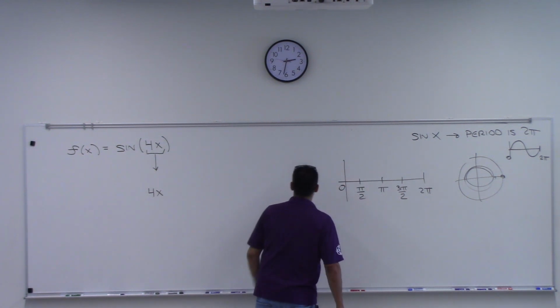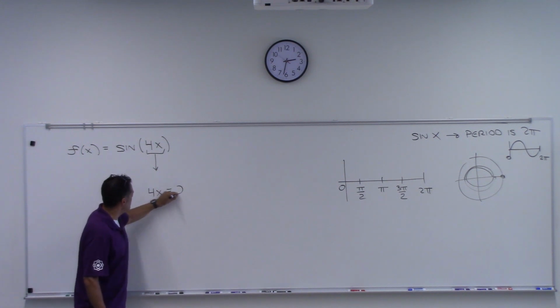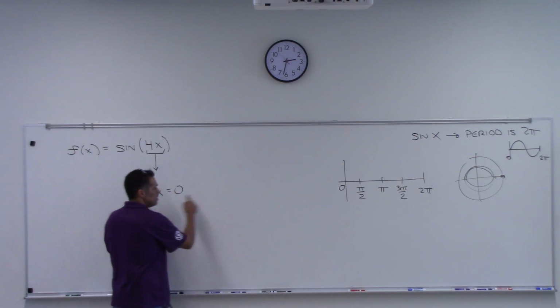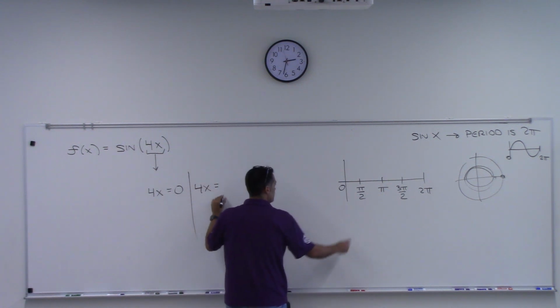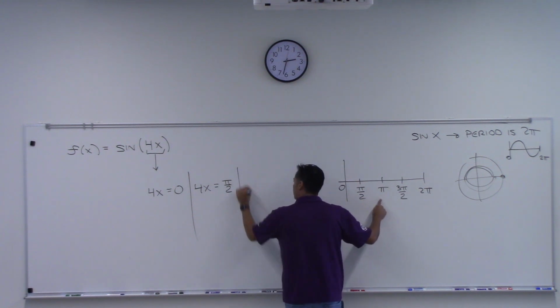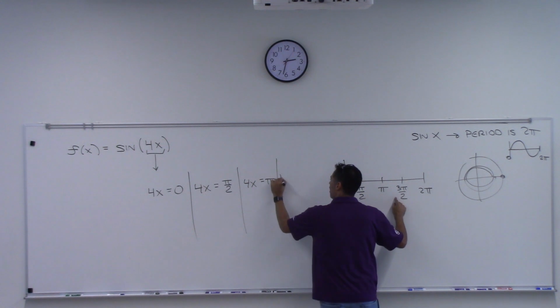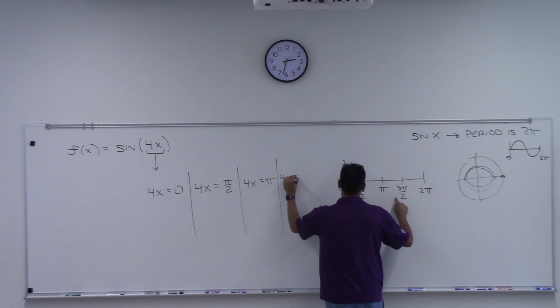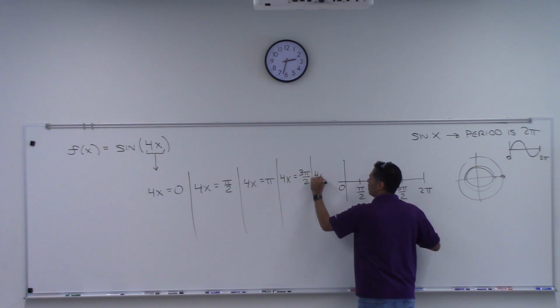There's 5 points, right? You're going to try and figure out, first of all, when is this equal to 0? So I'm going to take this and set it equal to that. Then I'm going to say, when is 4x equal to pi over 2? And then when is 4x equal to pi? Then when is 4x equal to 3 pi over 2? And lastly, when is 4x equal to 2 pi?